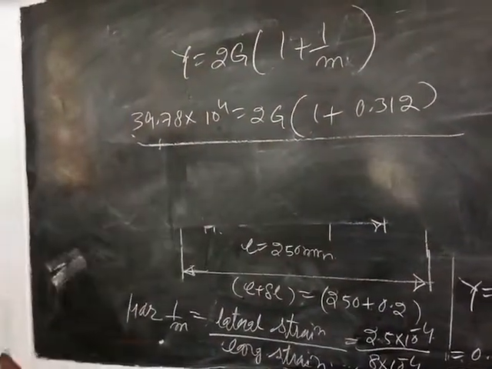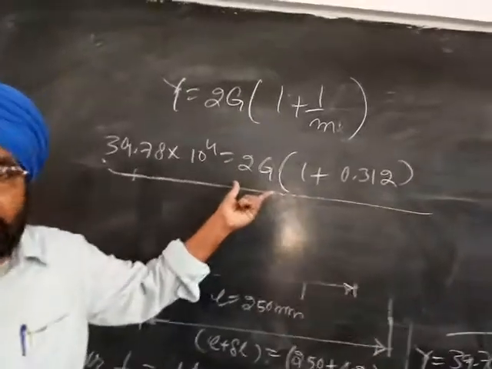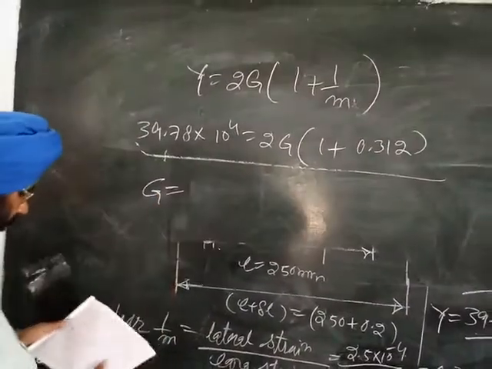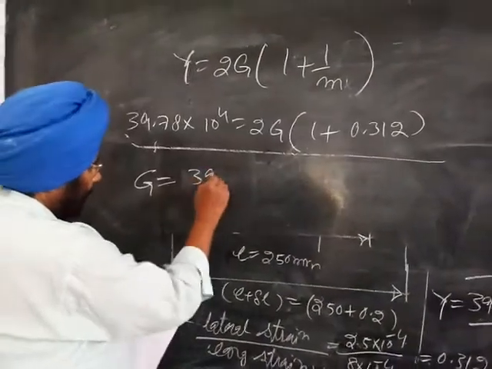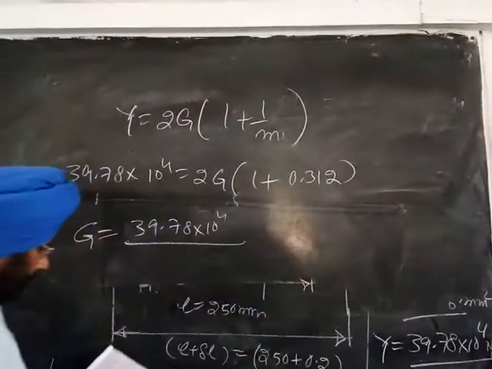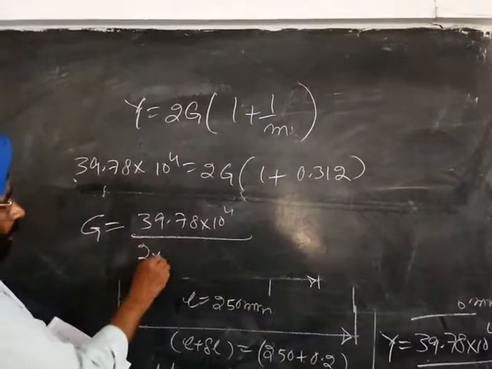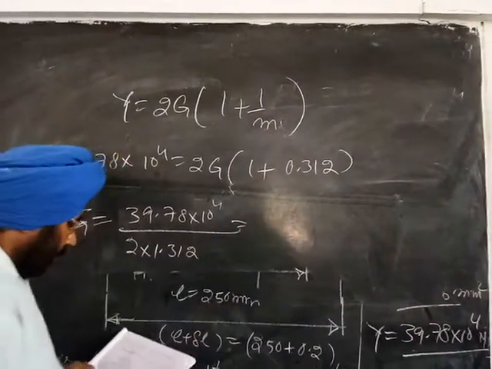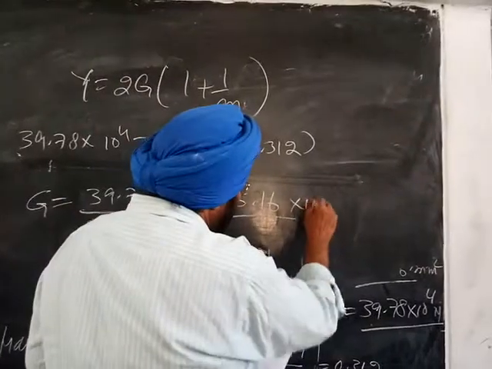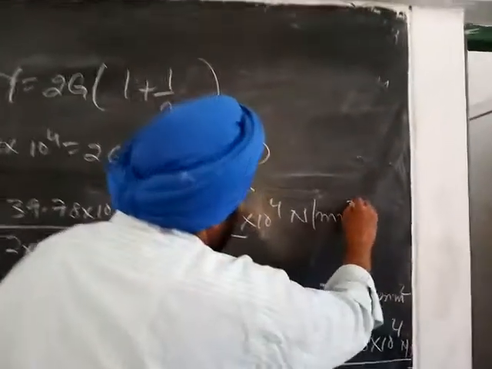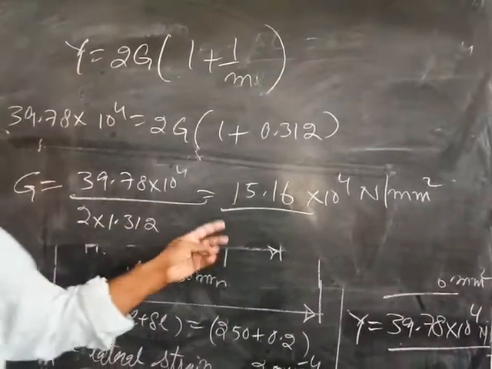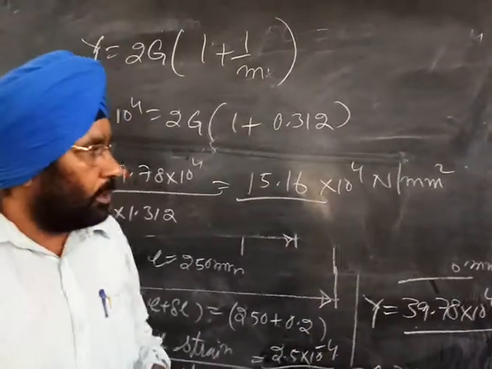So from this equation, we can determine the value of shear modulus, modulus of rigidity G. G equals 39.78 into 10 raised to the power 4 upon 2 into 1.312. So the value is 15.16 into 10 raised to the power 4 Newton per square millimeter. The modulus of rigidity or shear modulus comes out to be 15.16 into 10 raised to the power 4 Newton per square millimeter.